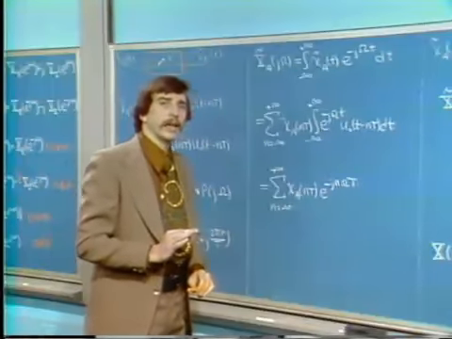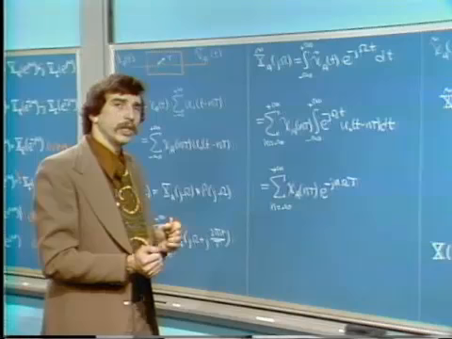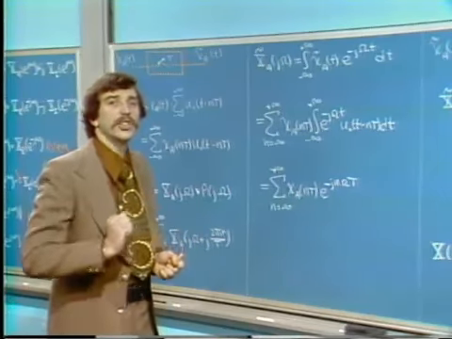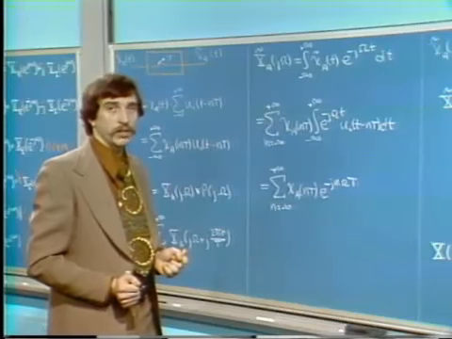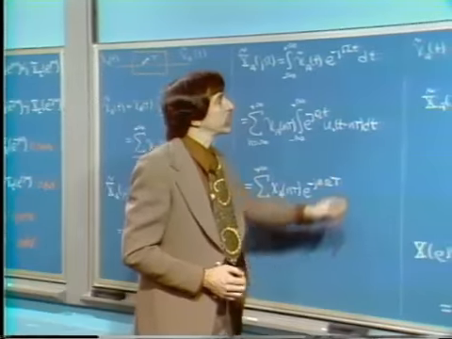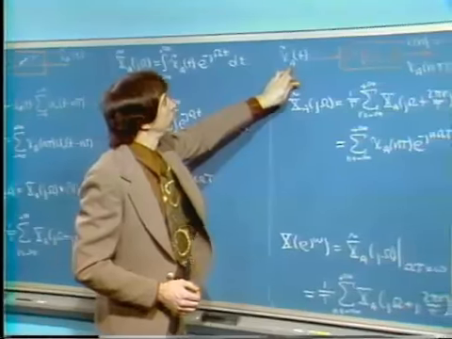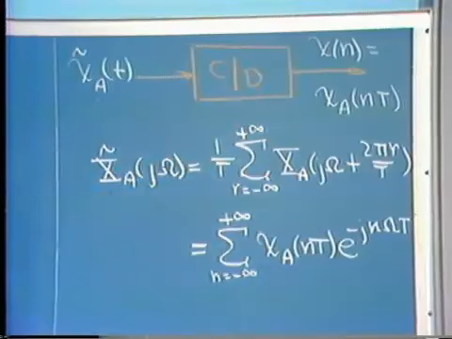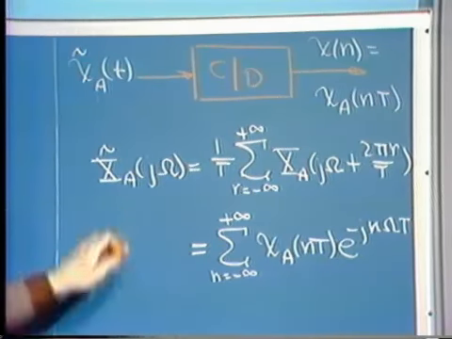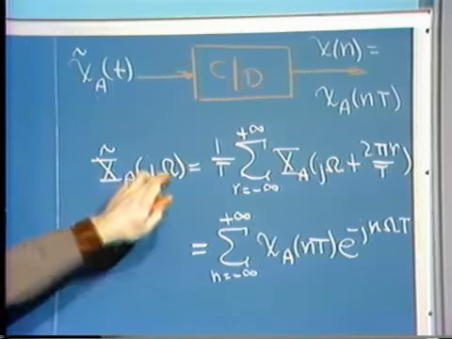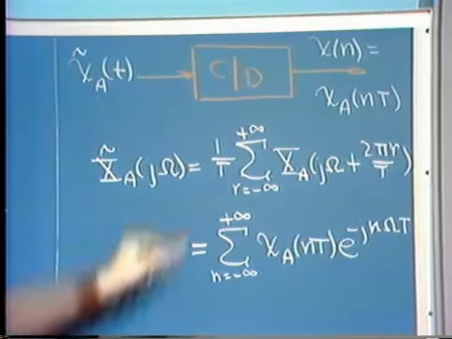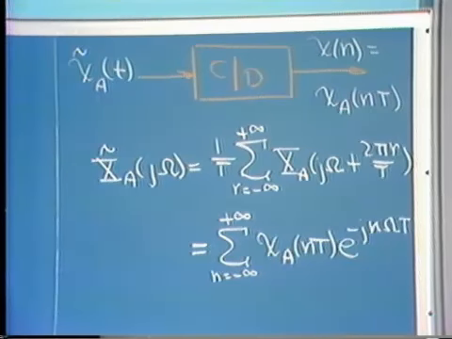Now we want to look at the relationship between the Fourier transform, continuous time, of x sub a of t and the discrete time Fourier transform of x of n. So we have the next step, which is to put this impulse train into the continuous to discrete time converter. And I remind you that we just developed two results. One result was that x sub a tilde of j omega was given by this expression. Also, we developed that it was given by this expression.